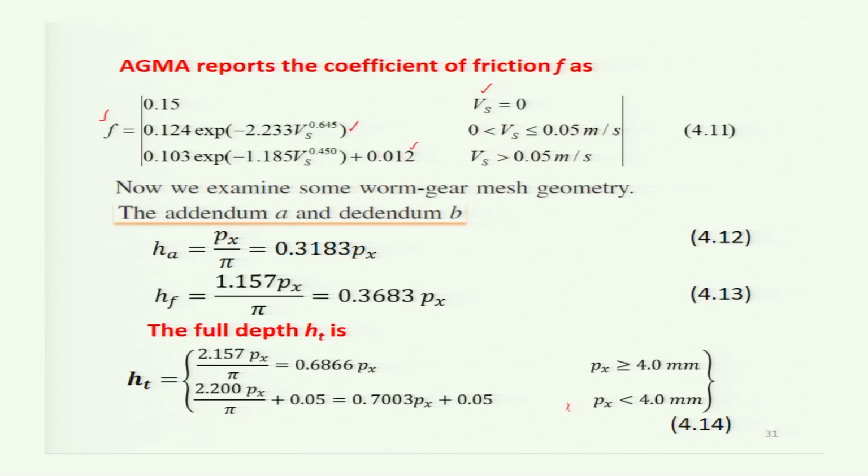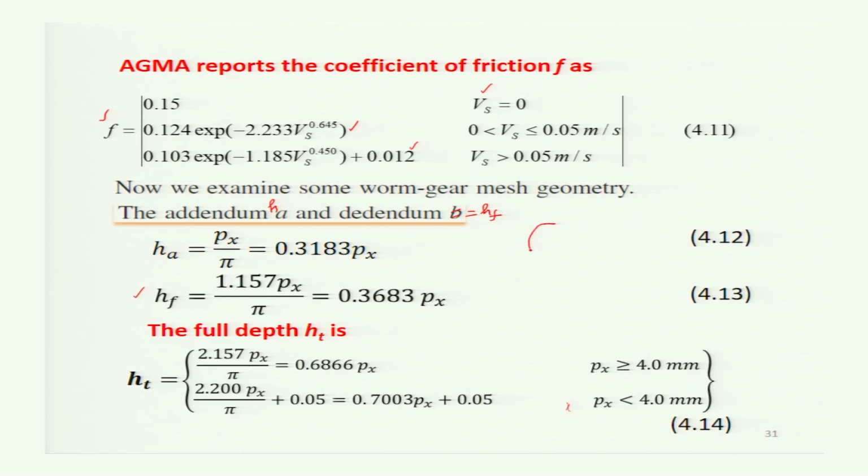Now we examine some worm gear mesh geometry. The addendum HA and the dedendum HF is given as: HA is axial pitch Px divided by pi, and this comes as 0.3183 Px, and the HF, the dedendum part, is simply given by a formula.